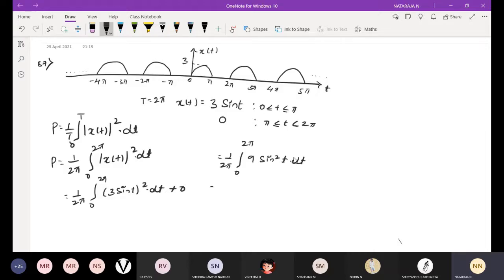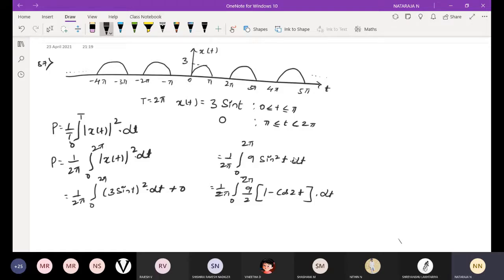Then we take 1 over 2 pi integral from 0 to 2 pi, this will be 9 divided by 2 into 1 minus cos 2t. Okay, sin square theta will be 1 minus cos 2 theta by 2. That 2 I have taken already outside, into dt.